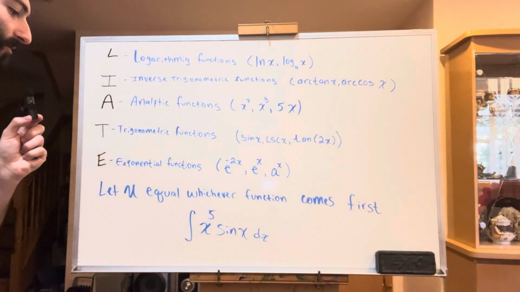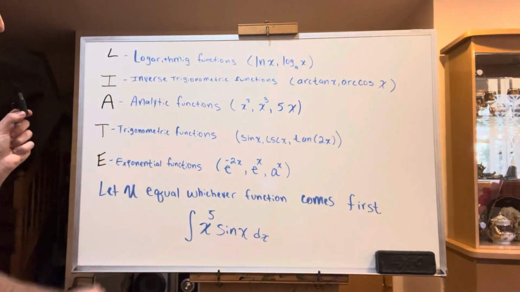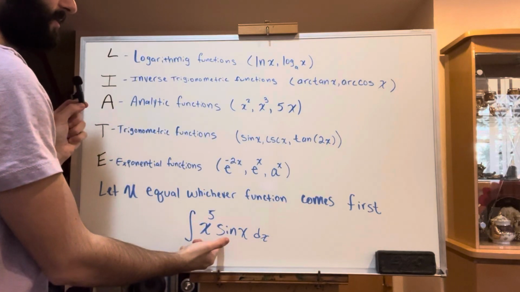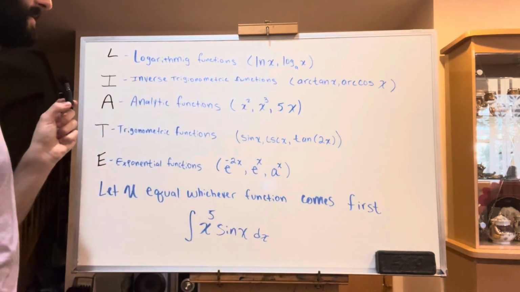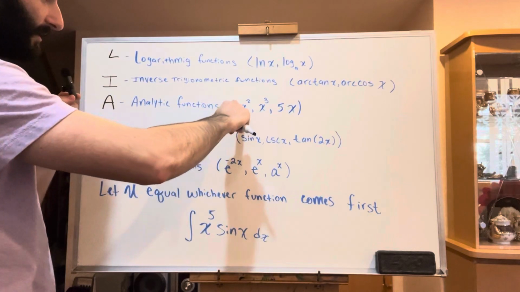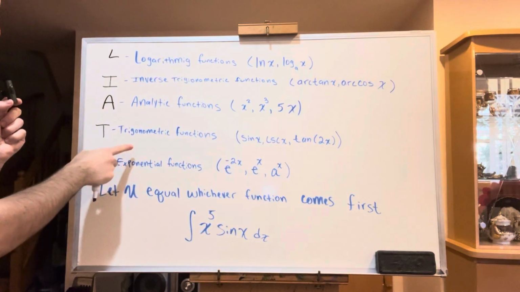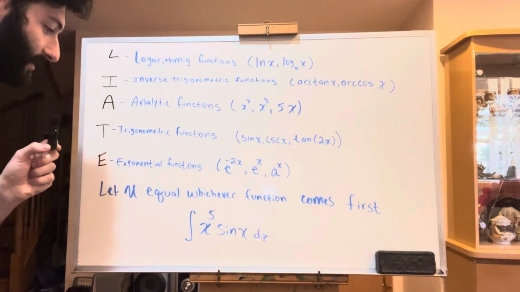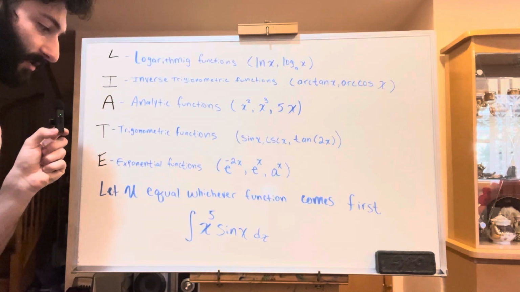The way you use this mnemonic is we start from top to bottom, and if we see a function in our integral, we set that one to u. There's no logarithms. There's no inverse trig functions. There is an algebraic function, x to the fifth, and that comes before trig functions. So we're going to set our u equal to x to the fifth, and that's right, because it differentiates to 0, and the integration by parts works smoothly.